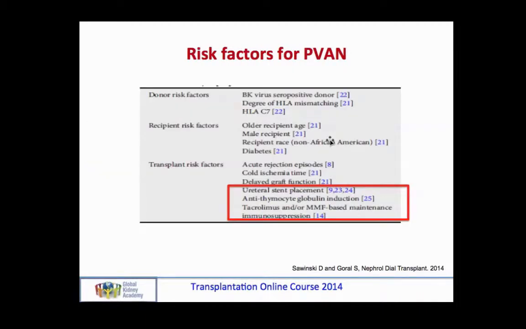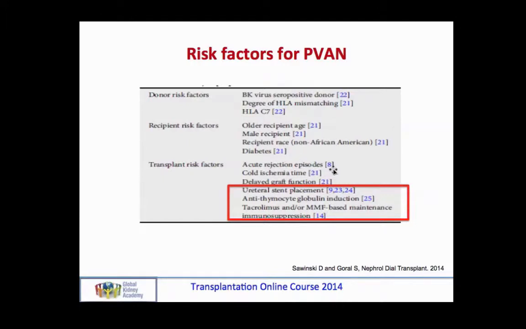Well, these are the risk factors. The risk factors are related to the donor, so obviously if you have a BK virus seropositive donor, degree of HLA mismatching seems to be important. More common in men, more common in non-African Americans, diabetics, and older age patients.